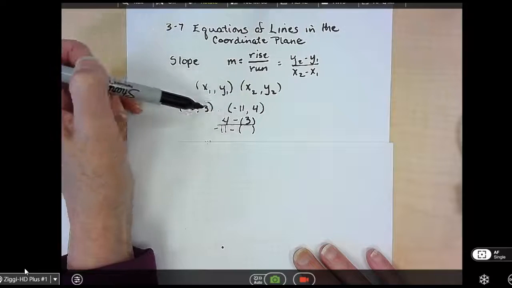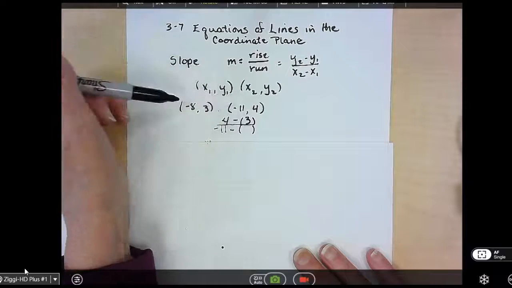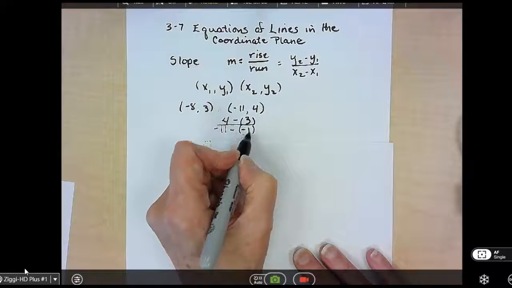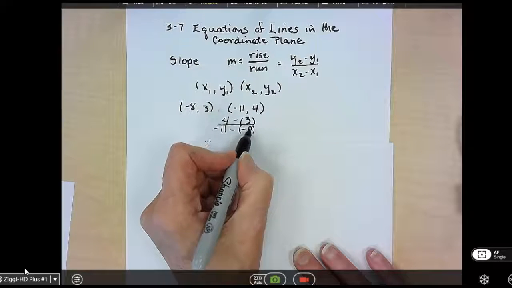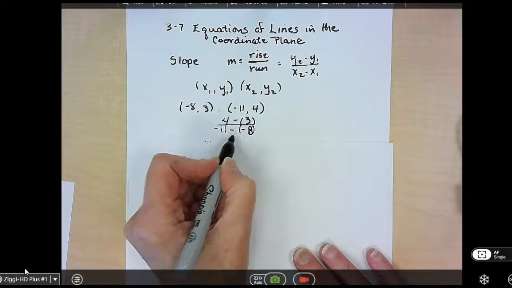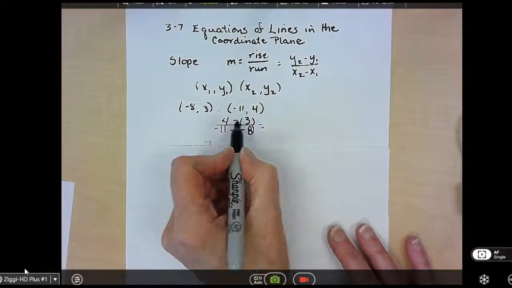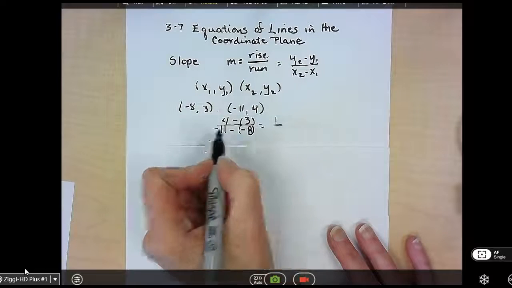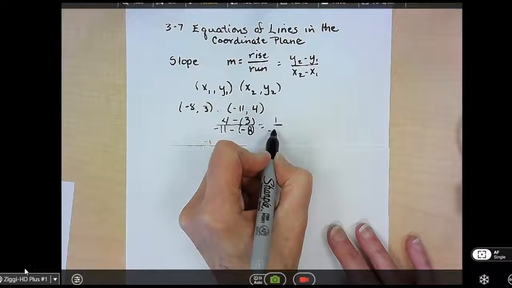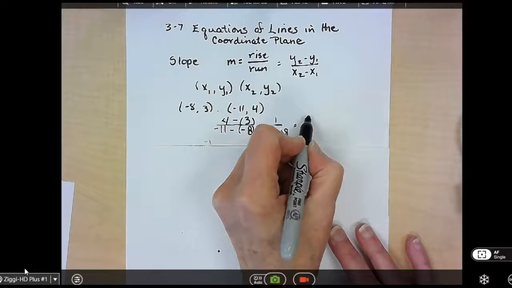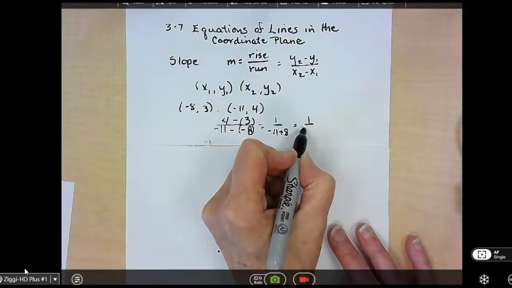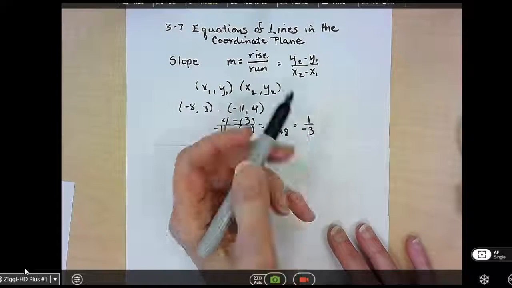So 4 minus 3, -11 minus -8. Make sure you are subtracting that -8, and that becomes a plus. So 4 minus 3 is 1. -11 plus 8 is -3, so you have a -1/3 slope.